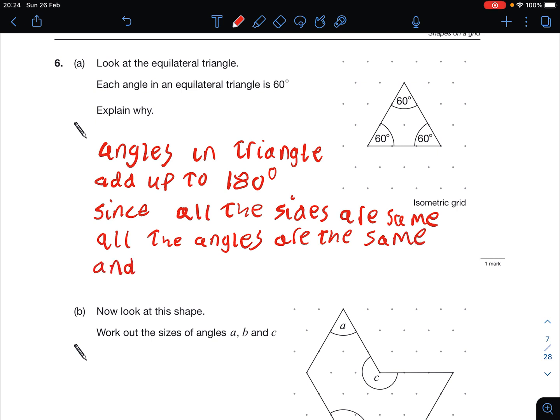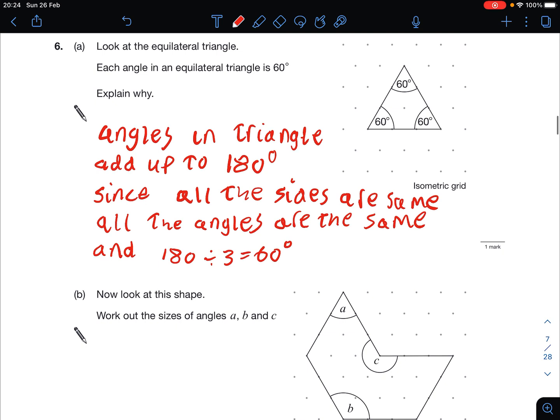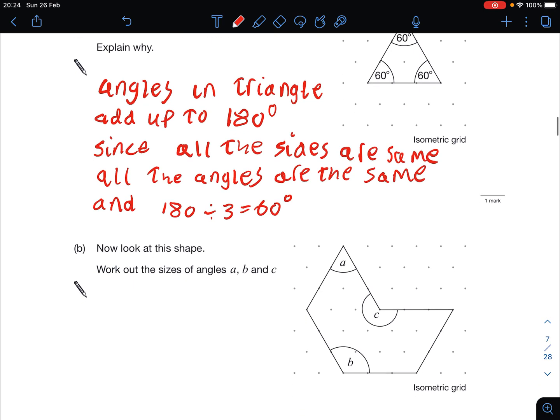And 180 divided by 3 is equal to 60 degrees. So all the angles in a triangle add up to 180. Since all sides are the same, that must mean all the angles are the same. And 180 degrees divided by 3 is 60.